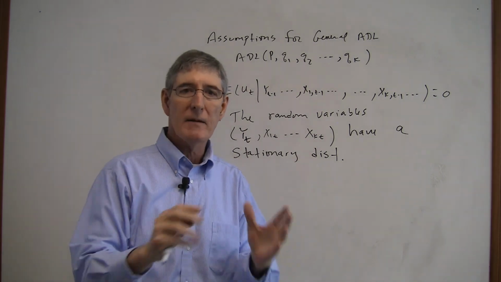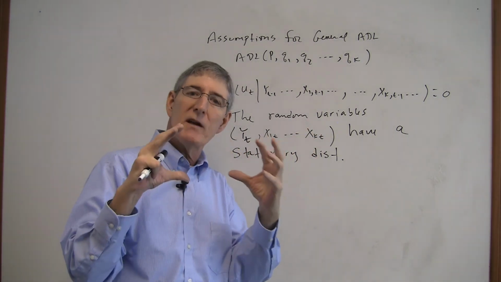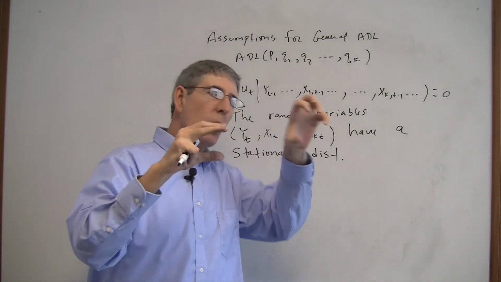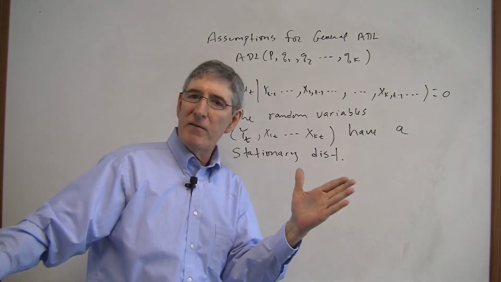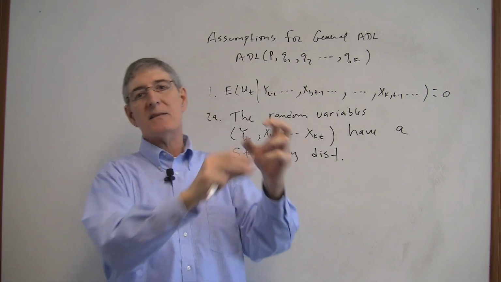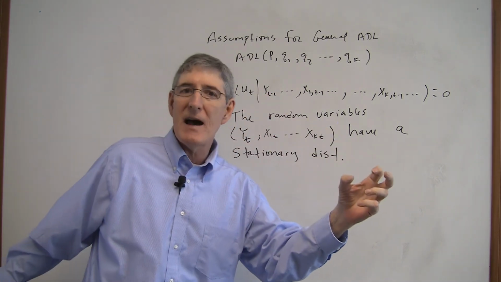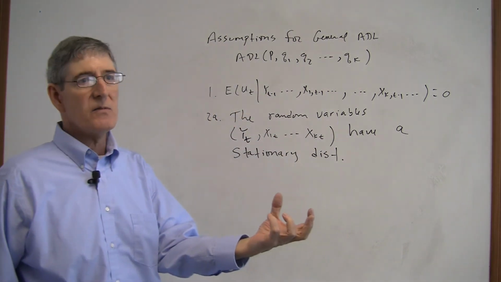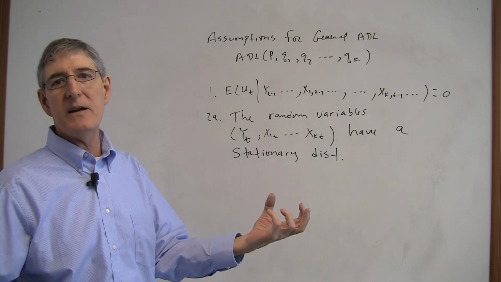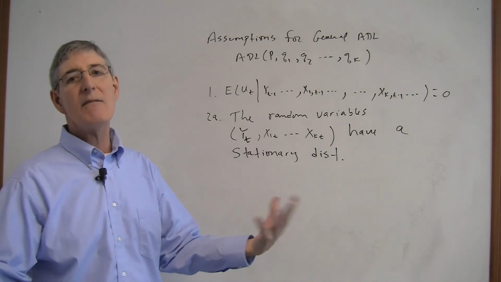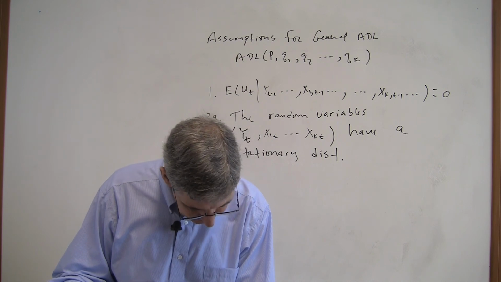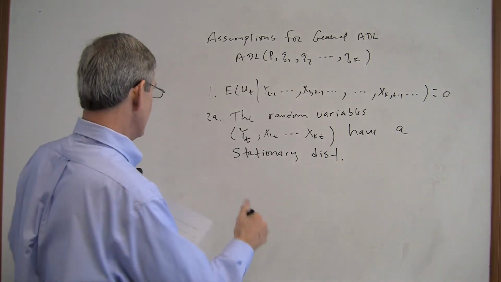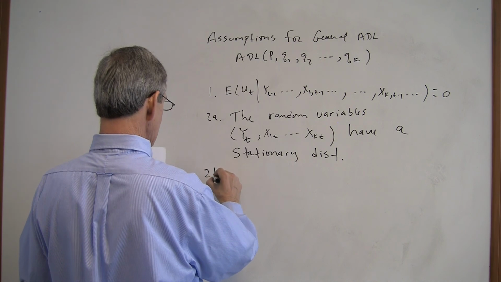If it's going to be stationary, we look at the autocorrelations. Yt may not be independent of yt minus 1, but if we go far enough back, we get independence because those autocorrelations eventually die out to 0. So the correlation of yt and yt minus infinity is 0. So we have independence, but the independence is a little bit different. So we'll write that more explicitly.